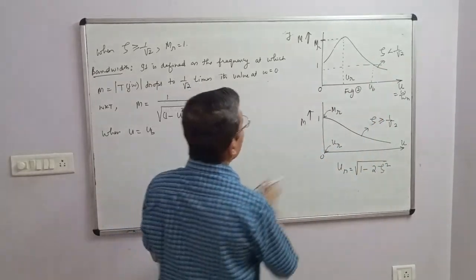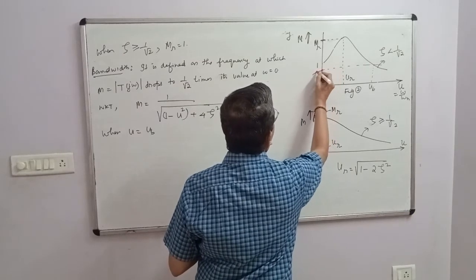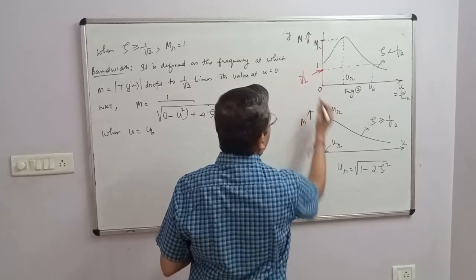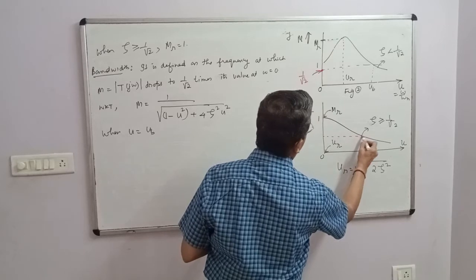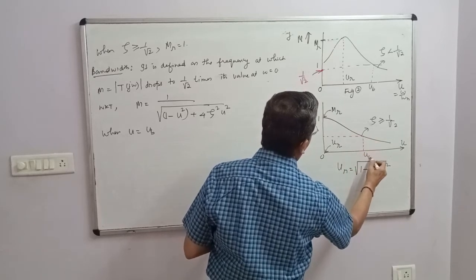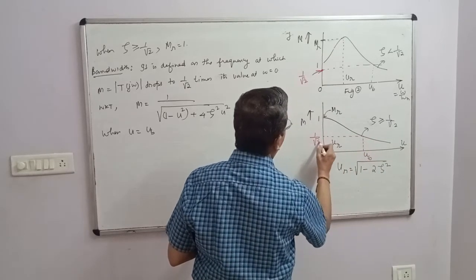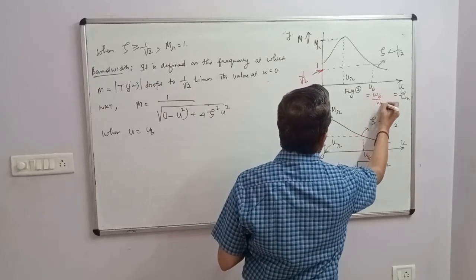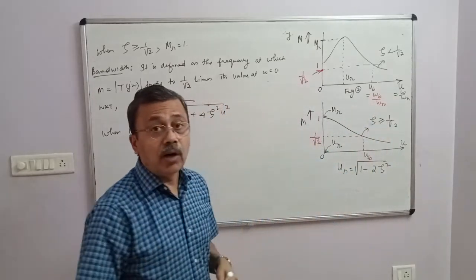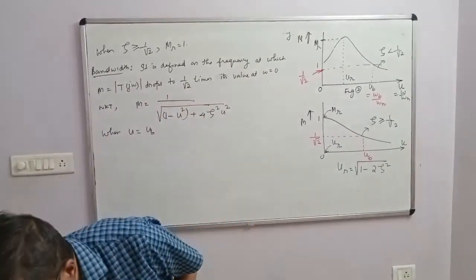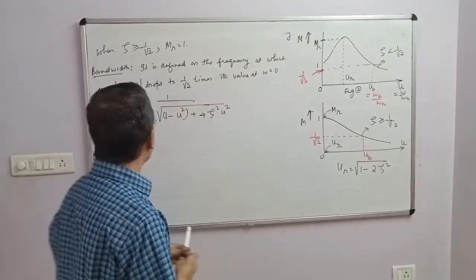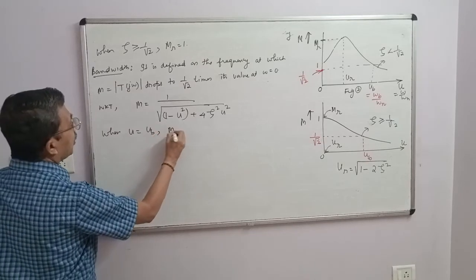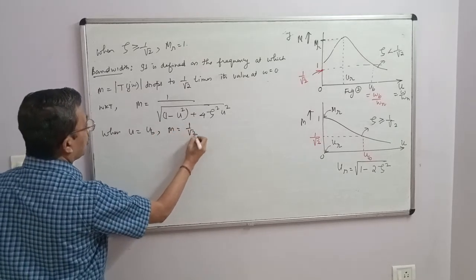The value of M is 1 by root 2. What is ub? ub is omega b by omega n. ub is called normalized bandwidth, omega b is called bandwidth. When u is equal to ub, M is equal to 1 by root 2.